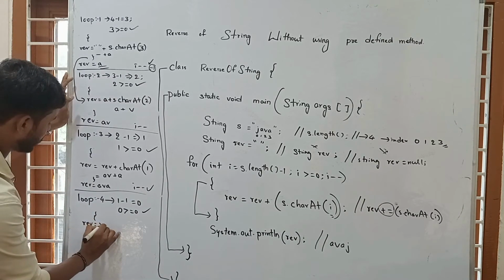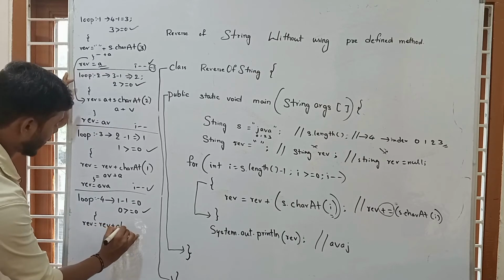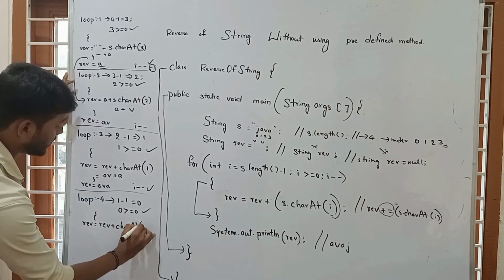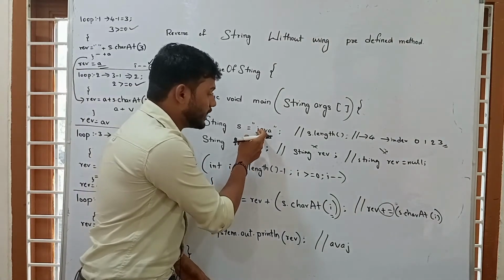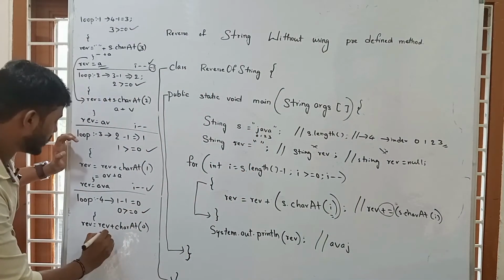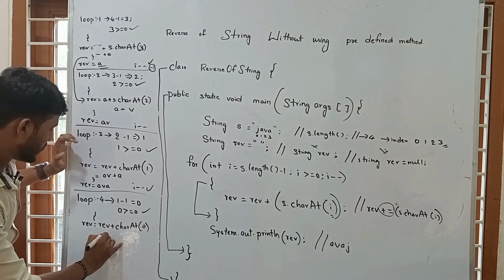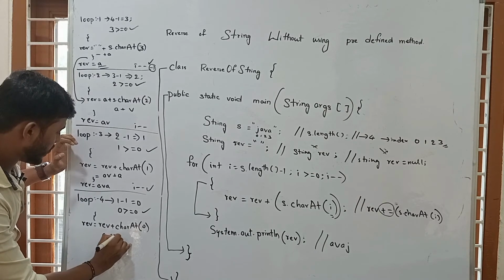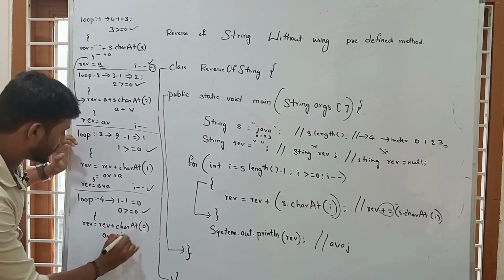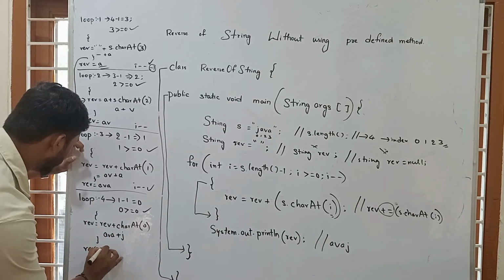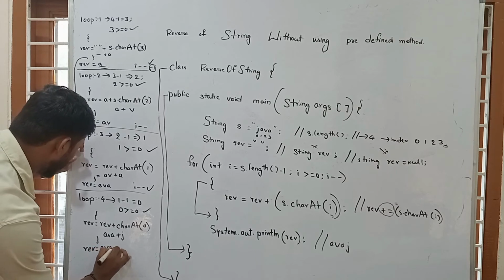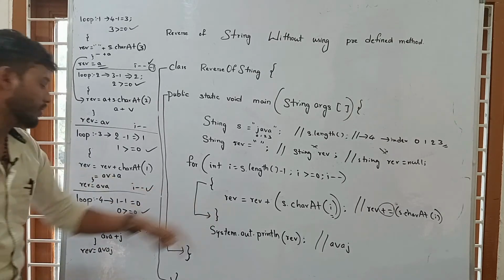Again reverse equal to reverse plus character at 0 position. Character at 0 position we are seeing a J. So reverse is AVA plus J. Now close the loop. Now reverse value equal to AVAJ.